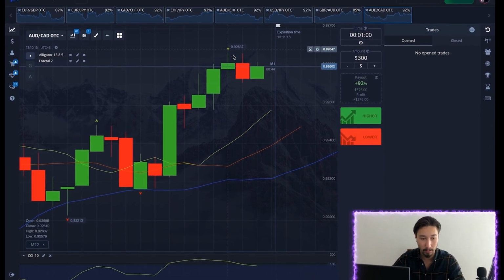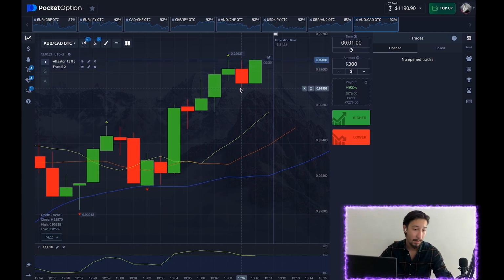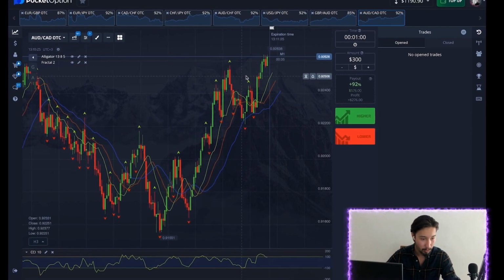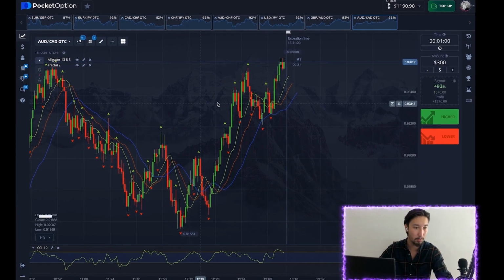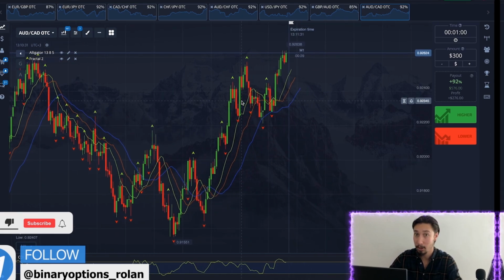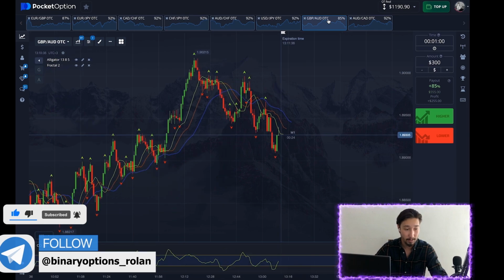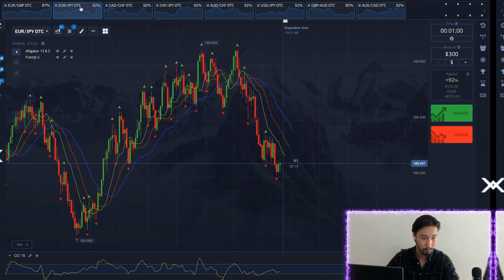I opened the deal correctly according to the timing, and a brilliant analysis leads to the fact that I closed the transaction in profit. I'm absolutely satisfied with the result of this transaction because it was like a 50-50 situation, but for me it's good because I'm a professional, the strategy is great, and the indicators helped us. So let me just select the next currency.